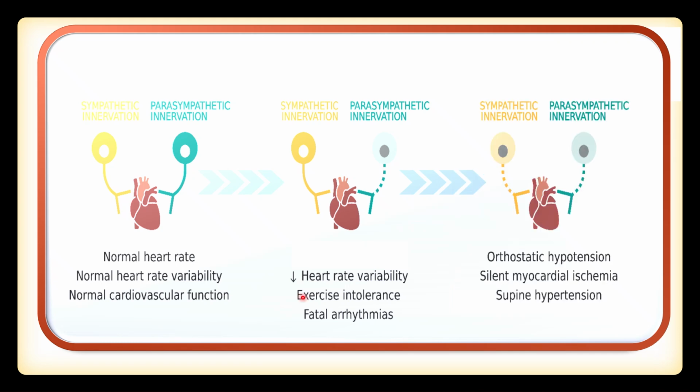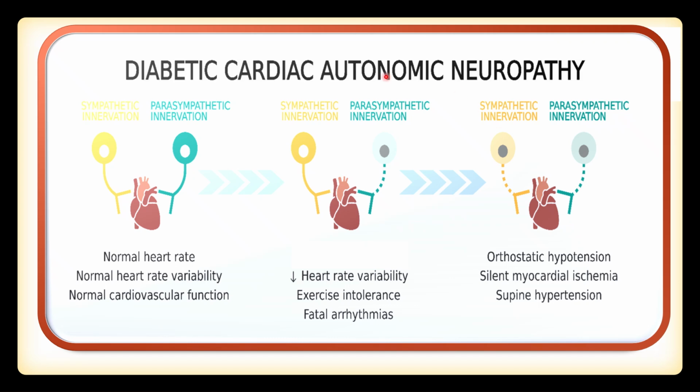If the subject has both sympathetic and parasympathetic innervation damaged, it will lead to orthostatic hypotension or silent MI or supine hypertension. In which condition can this neuropathy occur? Diabetic cardiac autonomic neuropathy. There are so many causes, and one of the causes is diabetic cardiac autonomic neuropathy. The parasympathetic and sympathetic innervation may get damaged. Sometimes it is also called autonomic failure.